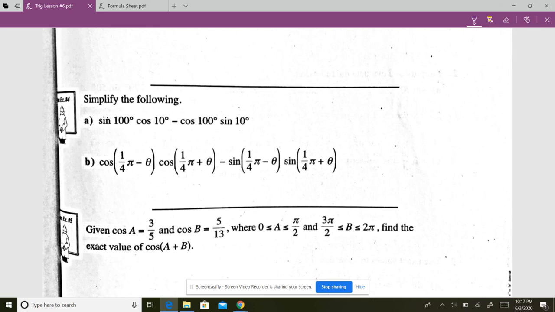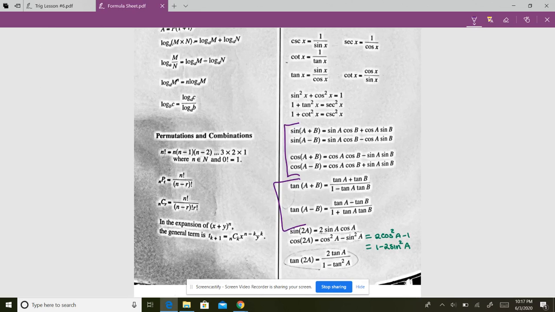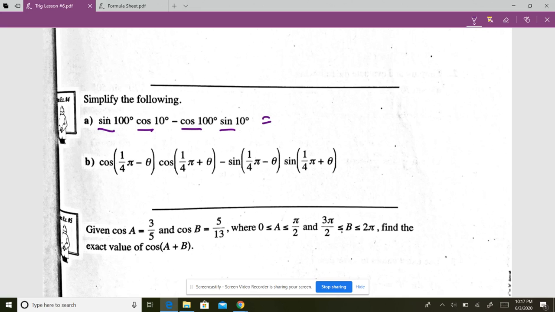So simplify the following. Sine 100 cos 10 minus cos 100 sine 10. So it's sine cos minus cos sine. Which formula does it look like? Sine cos minus cos sine. So that means it's equal to sine of angle A minus B. So I can rewrite this as sine, this is angle A, that's angle B. What did I say?